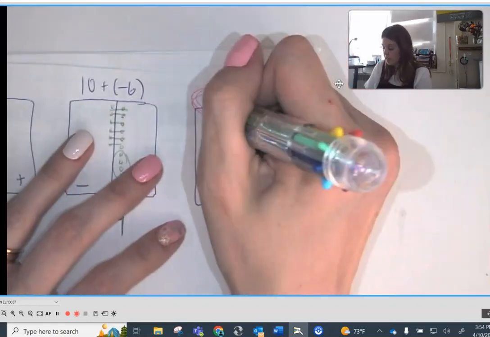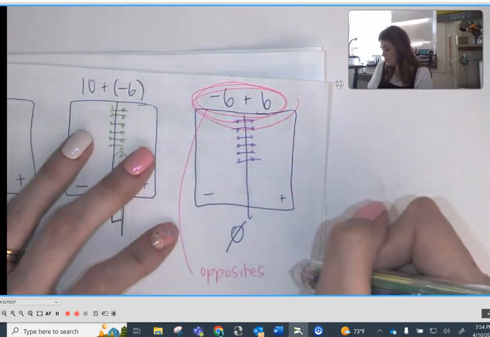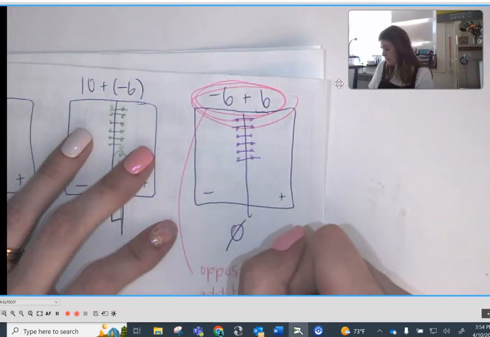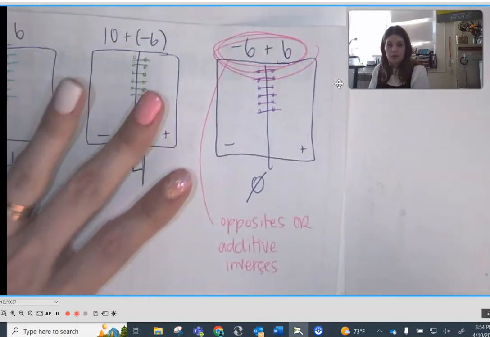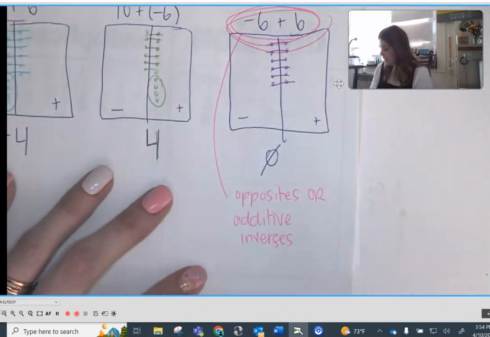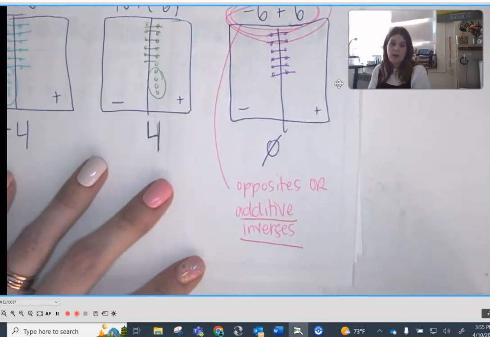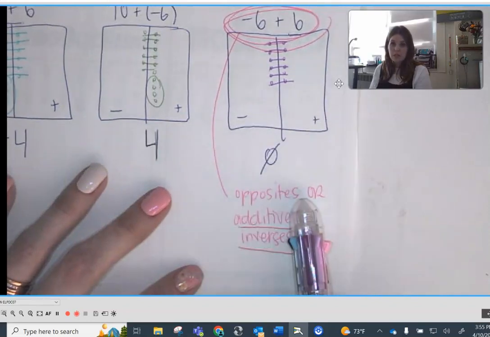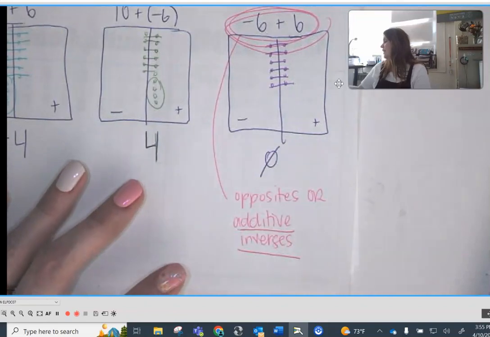We call these opposites or additive inverses. You're going to see a couple of questions where it asks you about additive inverses. Additive inverses are opposites, so they're the same number, but one's positive and one is negative.